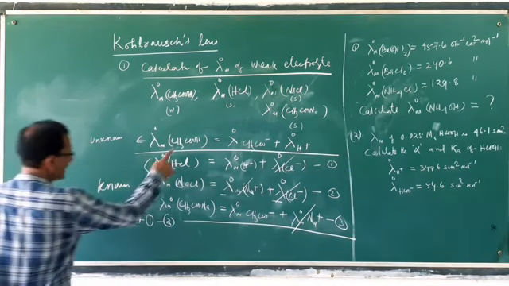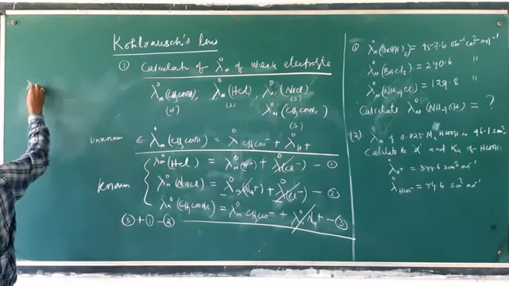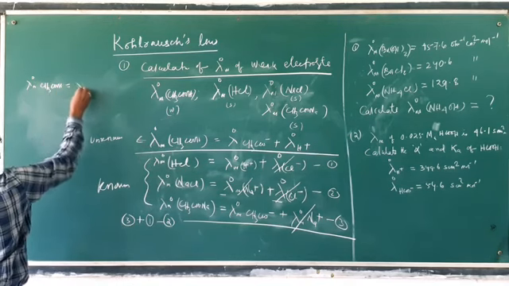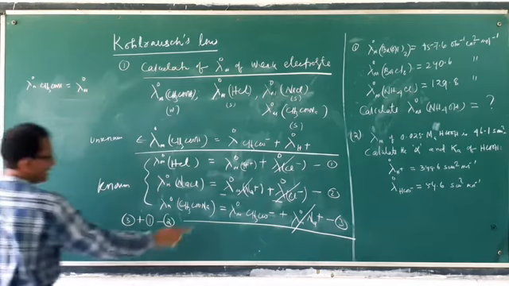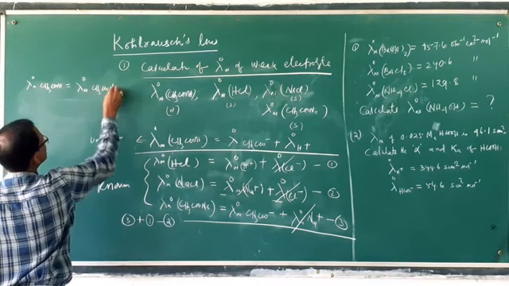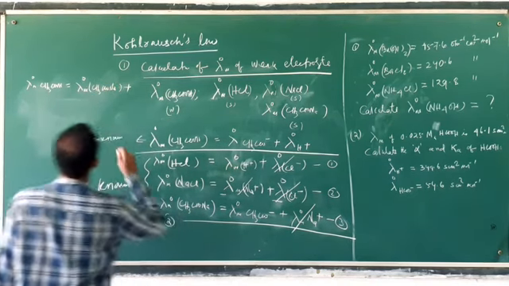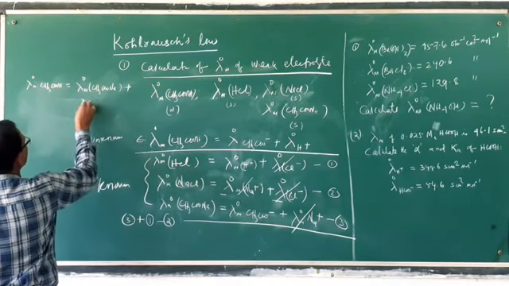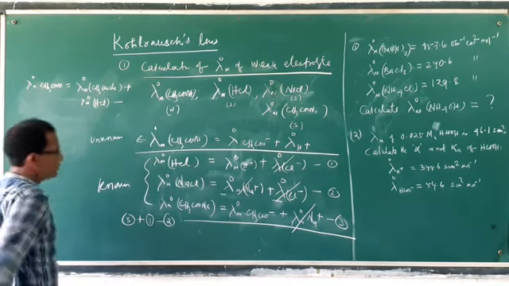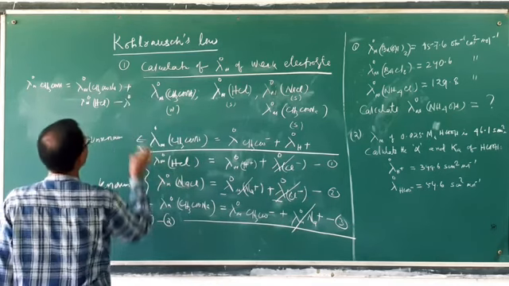So to calculate lambda m naught of acetic acid, lambda m naught of acetic acid is equal to lambda m naught of sodium acetate plus lambda m naught of HCl minus lambda naught of NaCl.